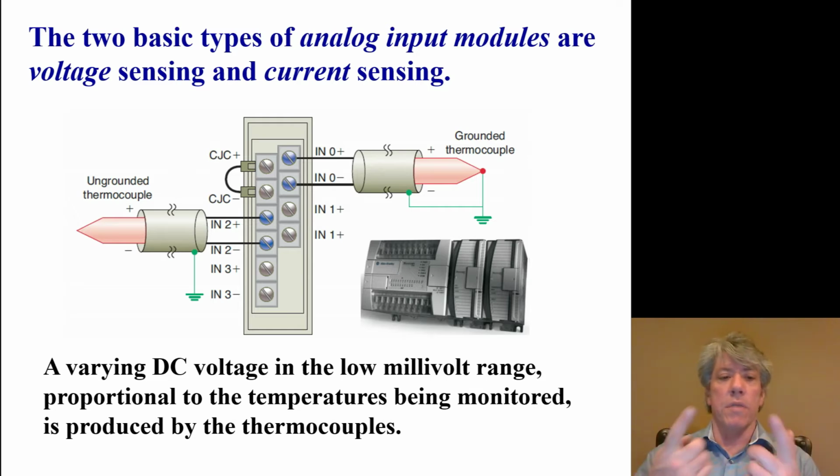They really just consist of two dissimilar metals that are touching, and when that junction is exposed to varieties of temperatures, different levels of voltage signals are generated by the sensor. It's very small, we're talking millivolts. And so the typical analog input module on a PLC cannot detect a millivolt signal, something that small, and so it has to be amplified, and that is either done by a transmitter or it's done internally in a special analog input module that accepts thermocouple inputs.